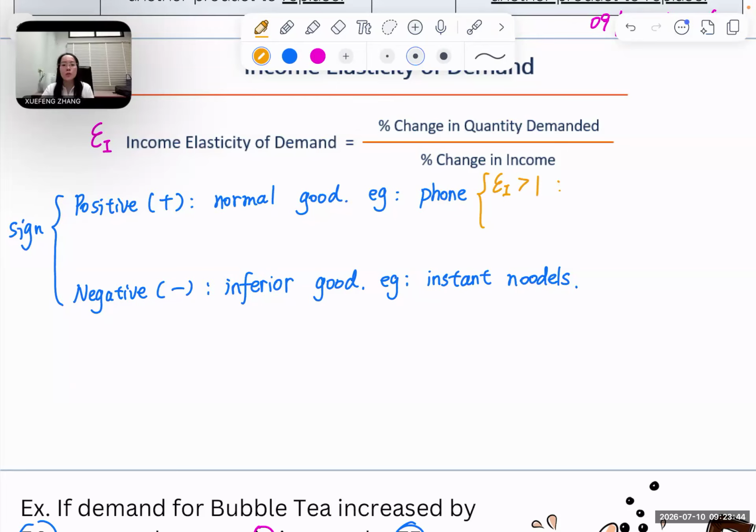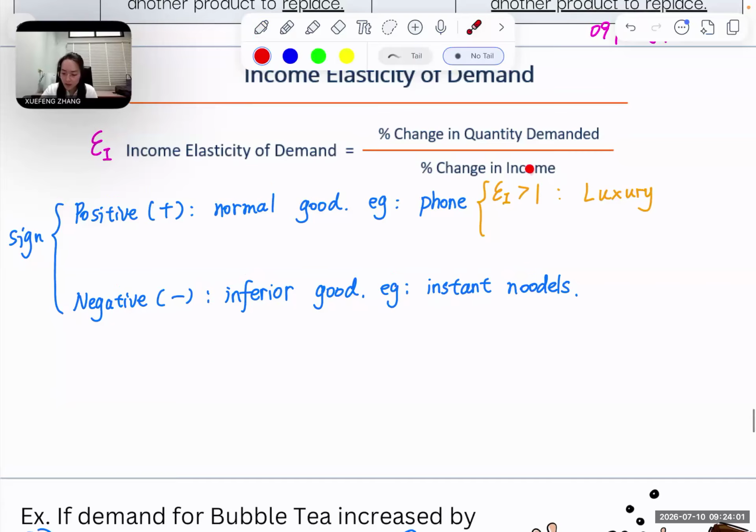Because actually you buy a lot more when you are richer, okay, when you get richer. So this is a luxury. Right? Because if the income elasticity is greater than 1, you're gonna buy more quantity demanded.